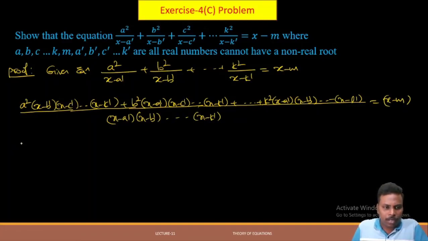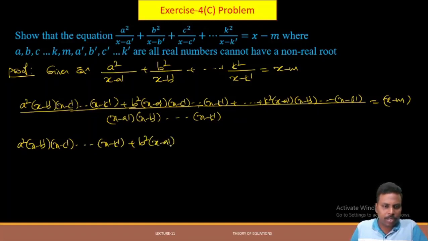Now let me rearrange the terms. This is a square into x minus b dash into x minus c dash and so on to x minus k dash, plus b square into x minus a dash into x minus c dash and so on up to x minus k dash, and so on.